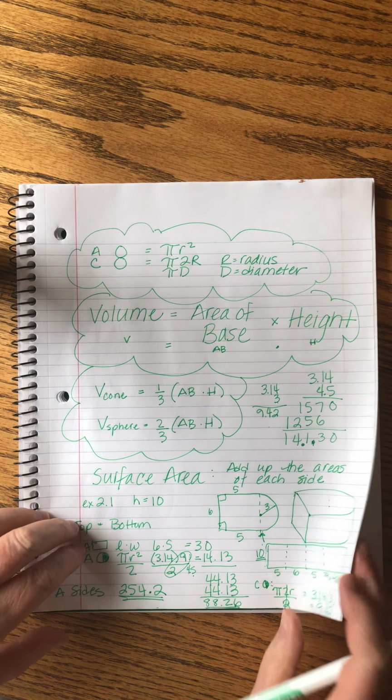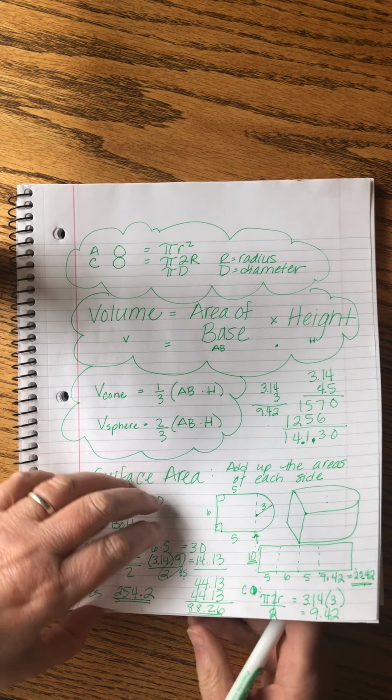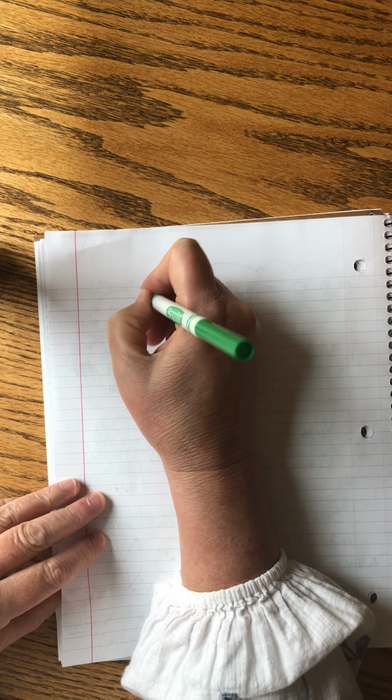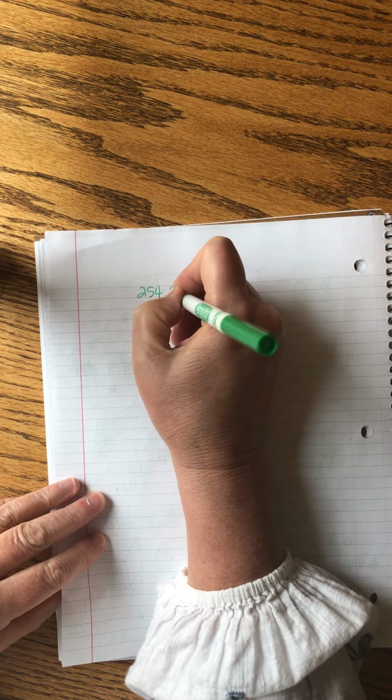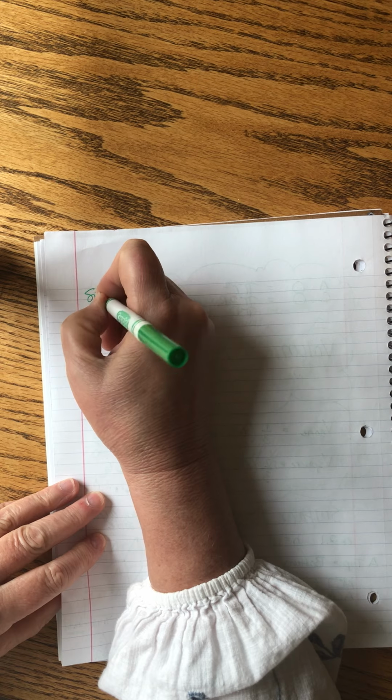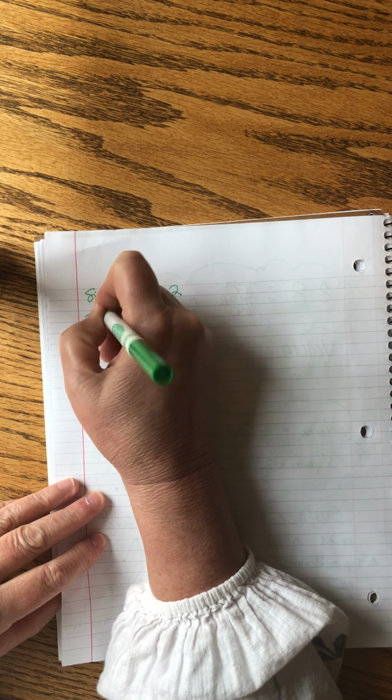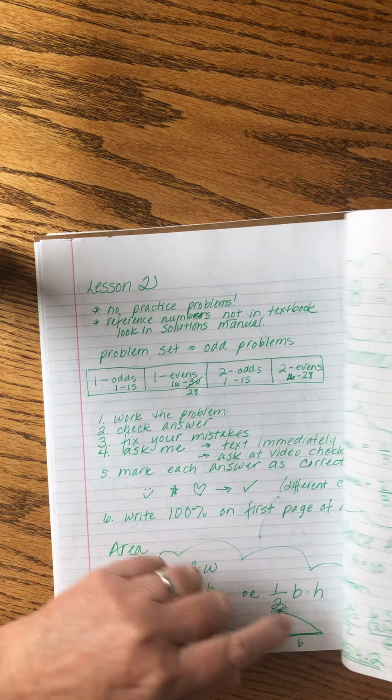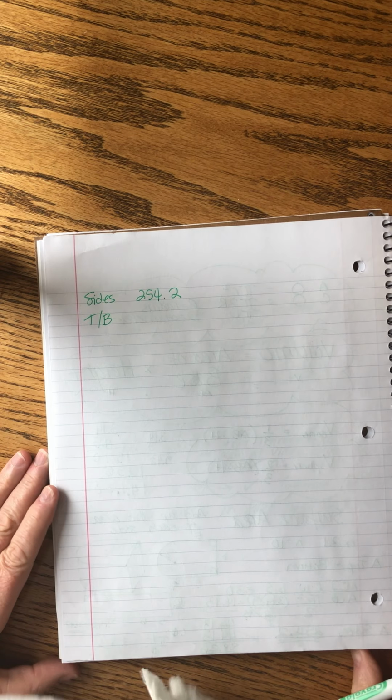So now I'm going to flip over because this has really gone much too far. 254.2. That was the sides. And then top and bottom was what, 88.26.